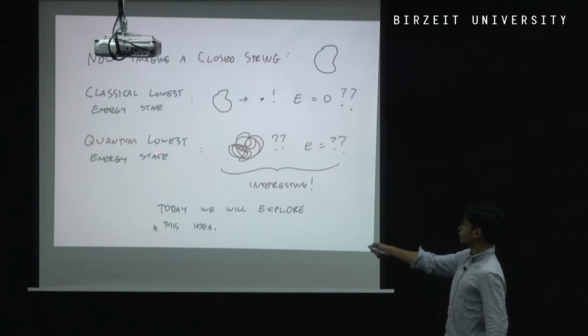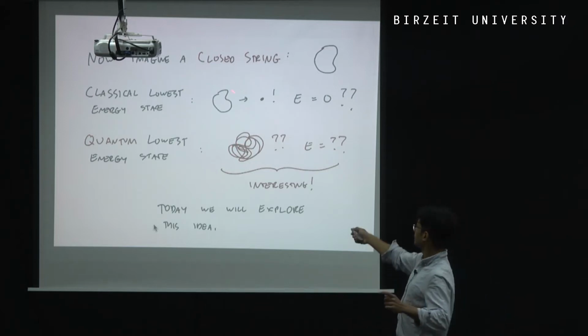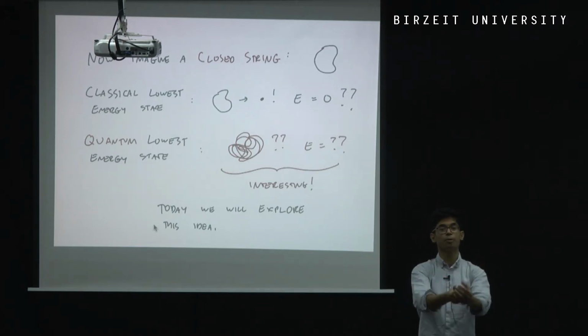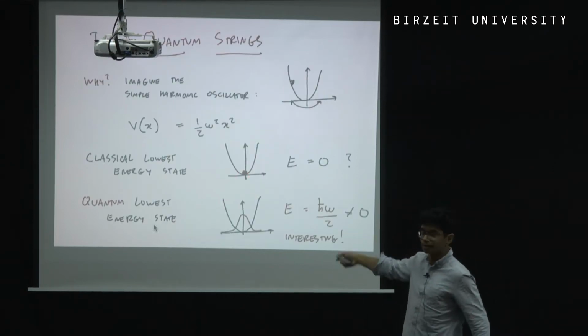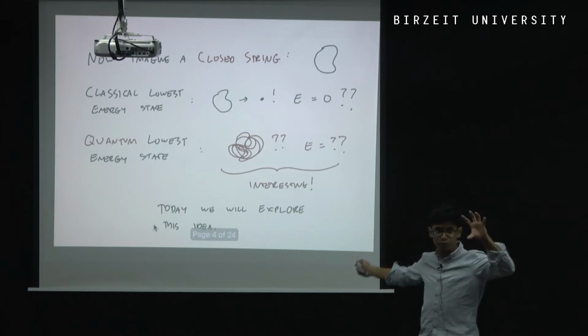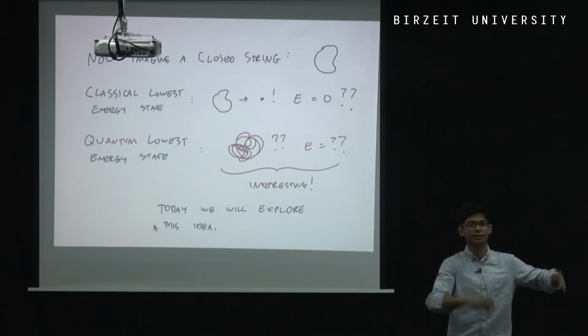On the other hand, if you do the quantum string, well, what happens then? What you expect is that it won't quite collapse to a point, right? Just like the harmonic oscillator didn't quite collapse to that point, the string will not quite collapse to a point. Instead, the string will do some sort of fuzzy, weird quantum mechanical thing, okay?